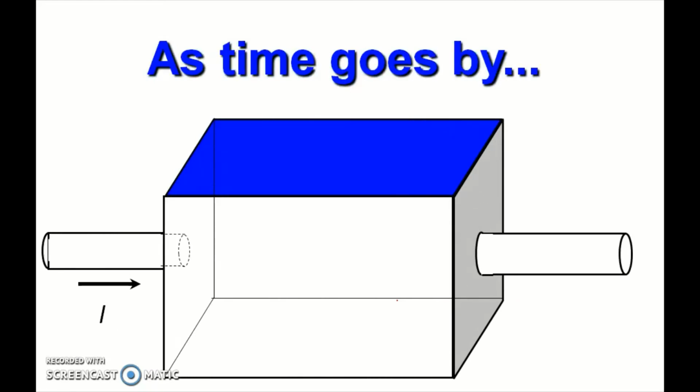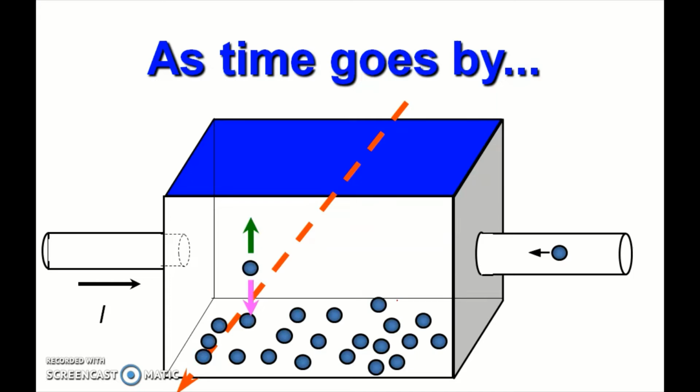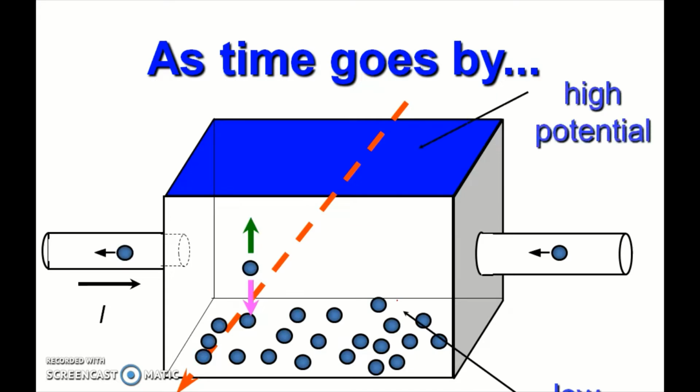Then after a certain amount of time, a certain equilibrium state will exist. If all the electrons are pushed towards the bottom surface, a certain potential is developed: this top surface becomes positive and the bottom surface becomes negative.